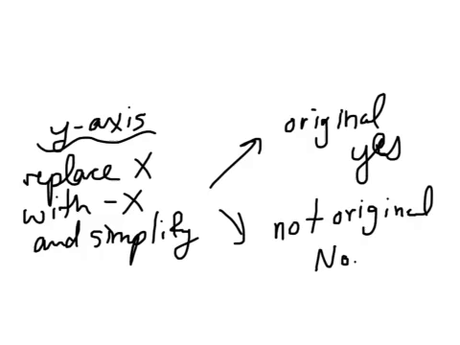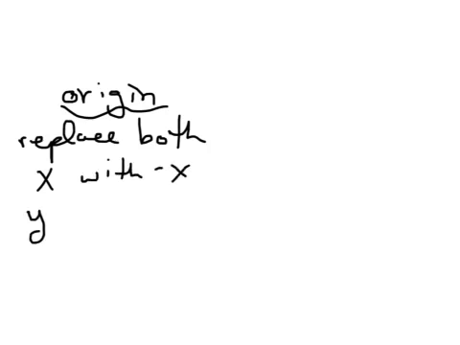And the last type that we have is with respect to the origin. When it's with respect to the origin, that flips it over the line y equals x, but for this one you replace both x with negative x and y with negative y.